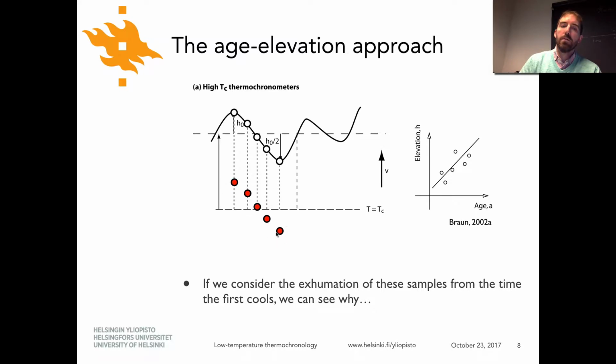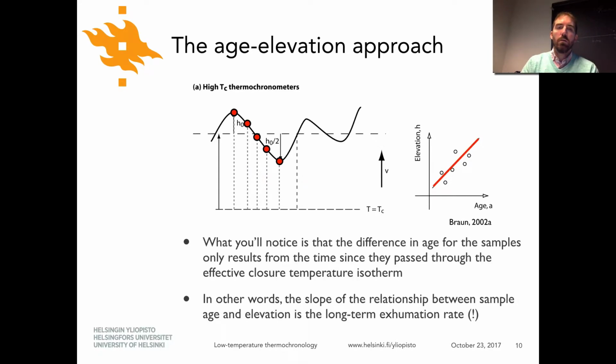But these samples down below the closure temperature haven't started recording the daughter product, or the clock is not recording their exhumation history yet. As you continue, now we have all of these rock samples below the closure temperature, but the ages here, of course, are going to be a bit older because they passed through the closure temperature earlier for these samples that end up at the surface.